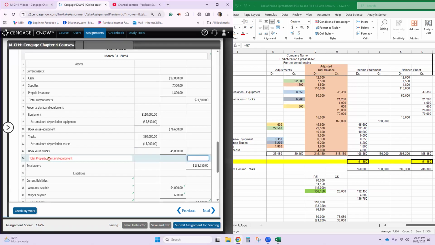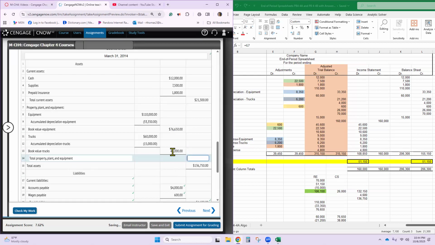And then total property, plant, and equipment. Error. There it is. That one comma made the difference.